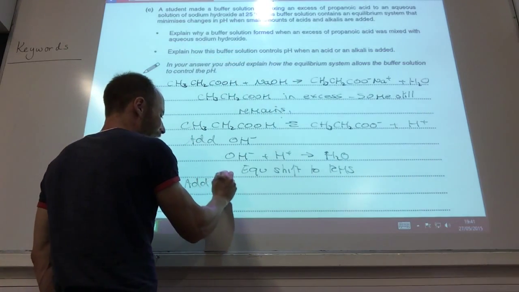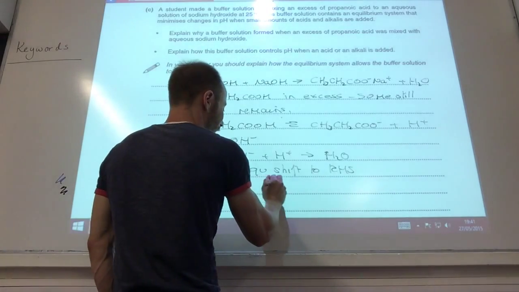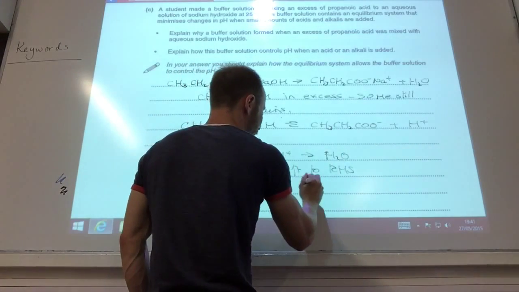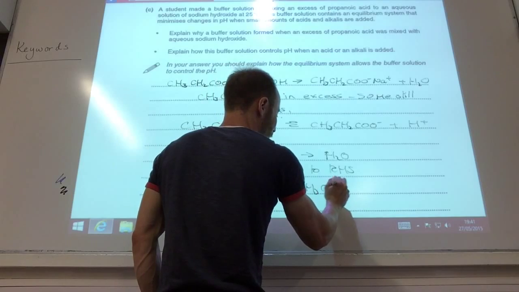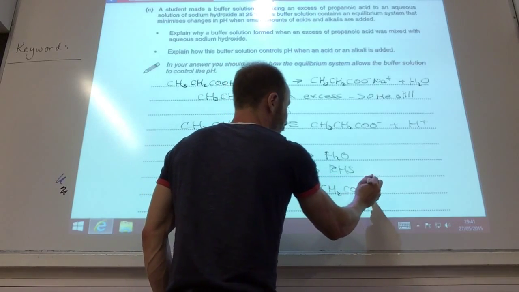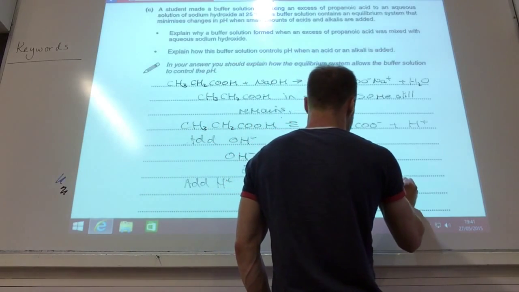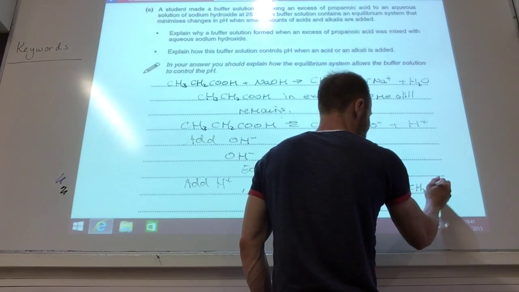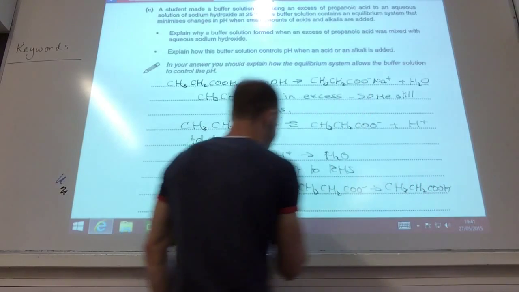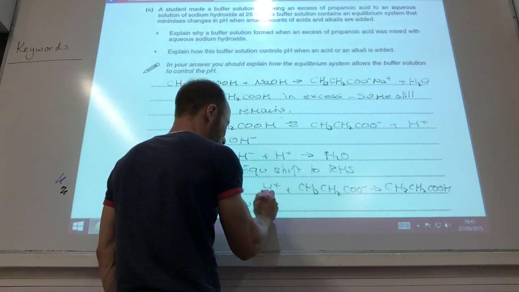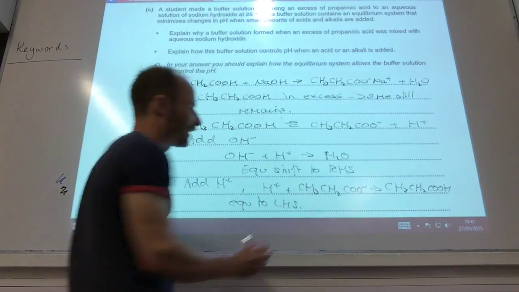If you add H plus, it will react with this to give you propanoic acid, and equilibrium will shift to the left hand side.